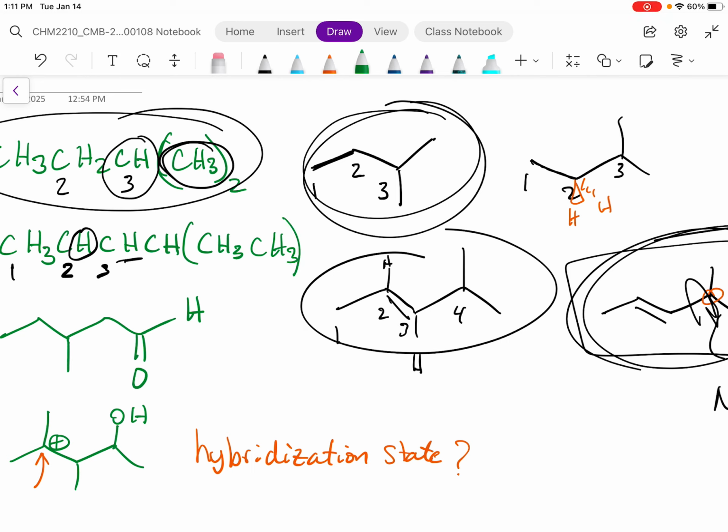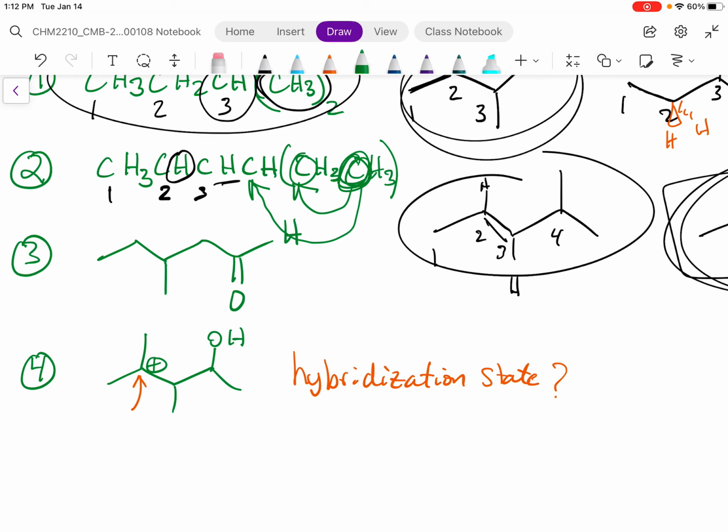Yeah. You will never see it like that. Because if you write it like that, that is implying that this carbon right here is going to be bonded to that carbon. Yeah, that's basically what I was asking. And so you're violating the octet rule if you draw it like that. Because this carbon right here, the way you've drawn it, says it's bonded to this carbon. But no, it's actually bonded to that carbon. So we don't do that.